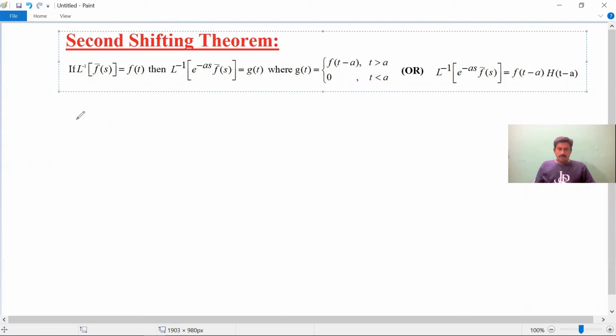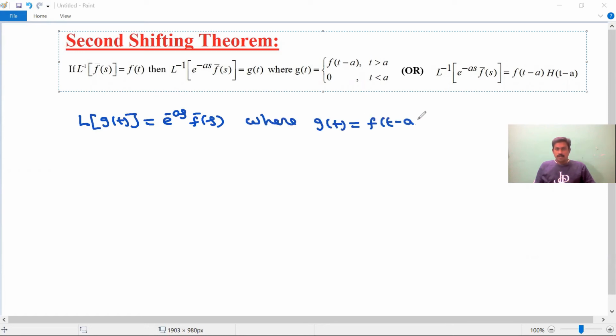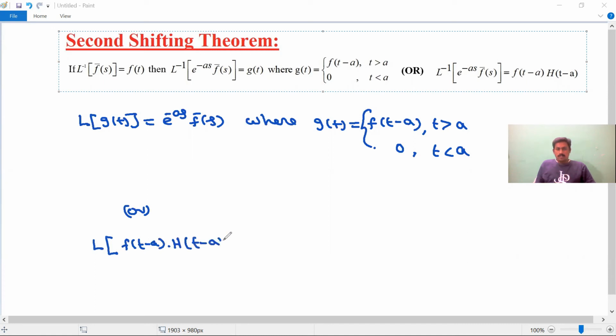Similarly, we will derive the second shifting theorem. In Laplace transform, L of g of t equals e power minus as into f bar of s, where g of t is f of t minus a when t is greater than a, and 0 when t is less than a. Or the same statement can be written as L of f of t minus a into h of t minus a equals e power minus as into f bar of s.